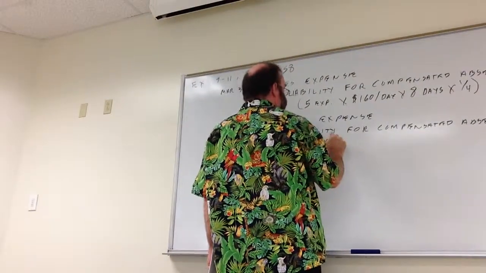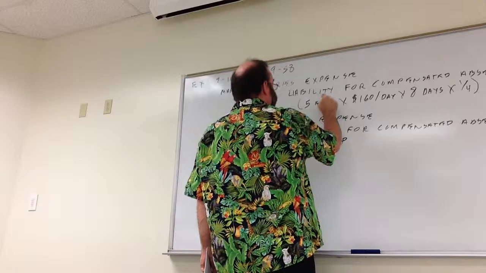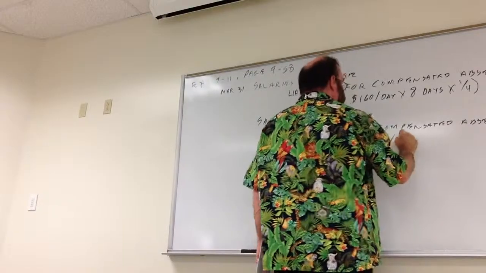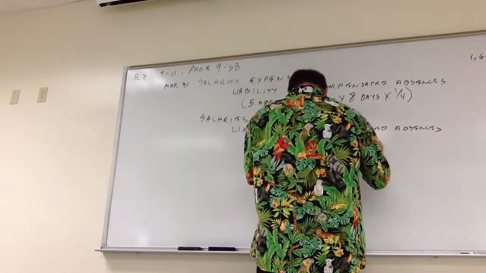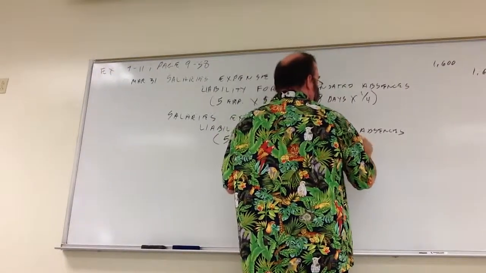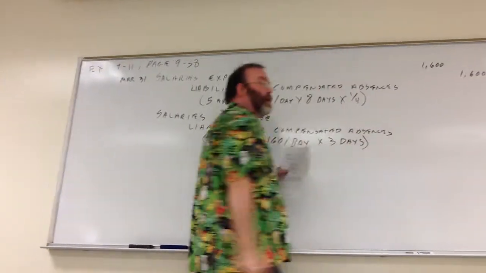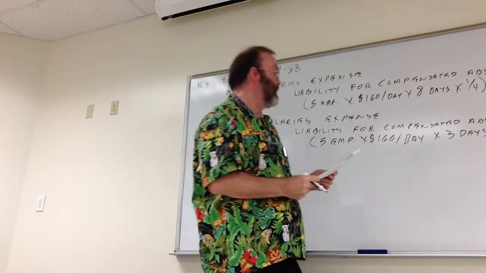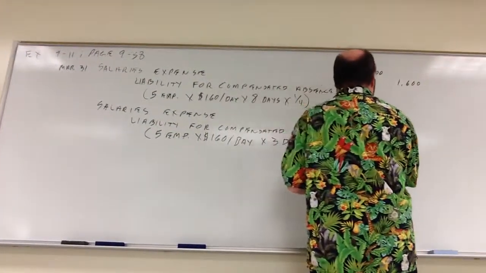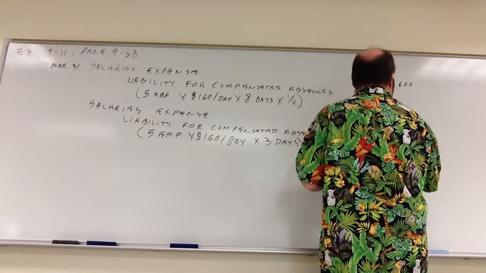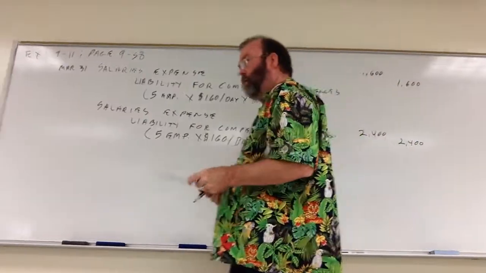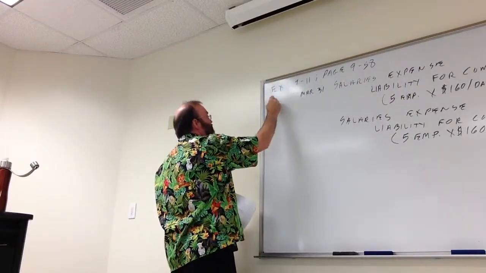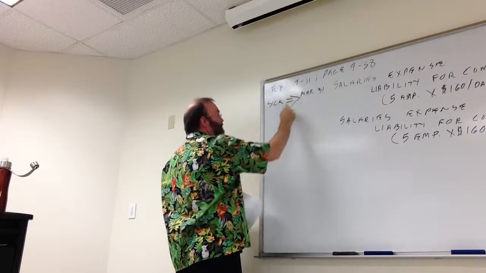Same 5 employees, that should be an M, times their $160 a day, times 3 days in the quarter. All right, 3 months in a quarter, 3 days of vacation each employee. Multiply all that out, you get 2,400. Also, the second one that we're doing is for vacation. Vacation, yeah, this is sick. And this is vacation.